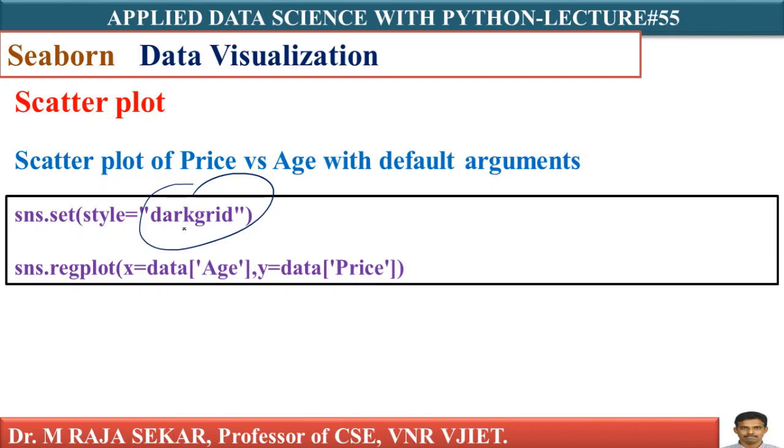Our background theme is darkgrid. That means you will have a dark shade as the background of your plot, and you will as well have a grid. You can basically set themes to your background, and the default is darkgrid.